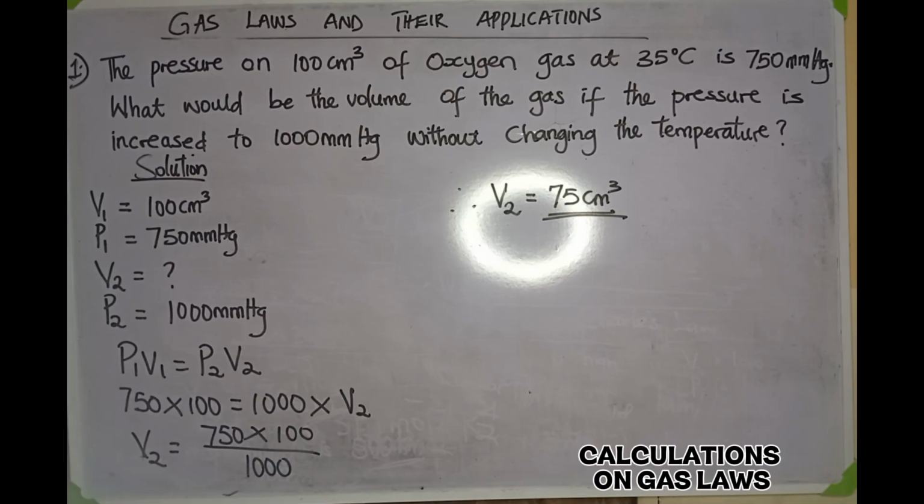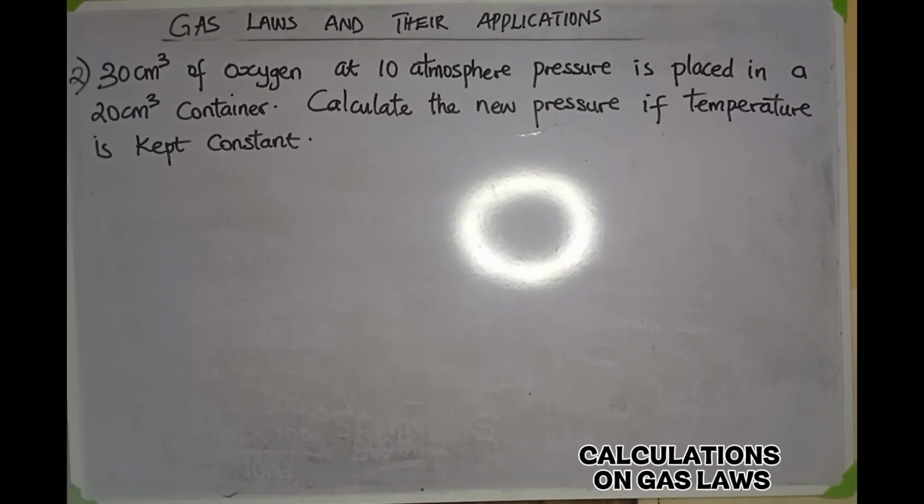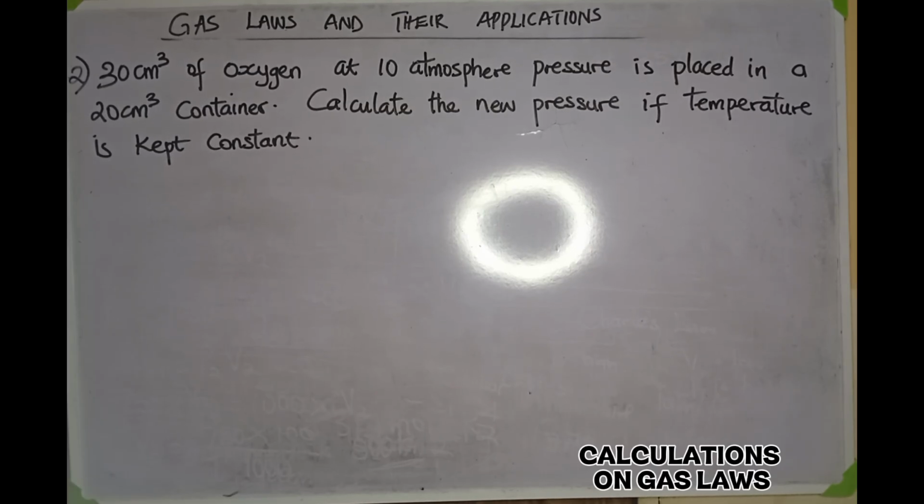Now we take another question. Now we answer the next question. 30 cm cube of oxygen at 10 atmosphere pressure is placed in a 20 cm cube container. Calculate the new pressure if temperature is kept constant.